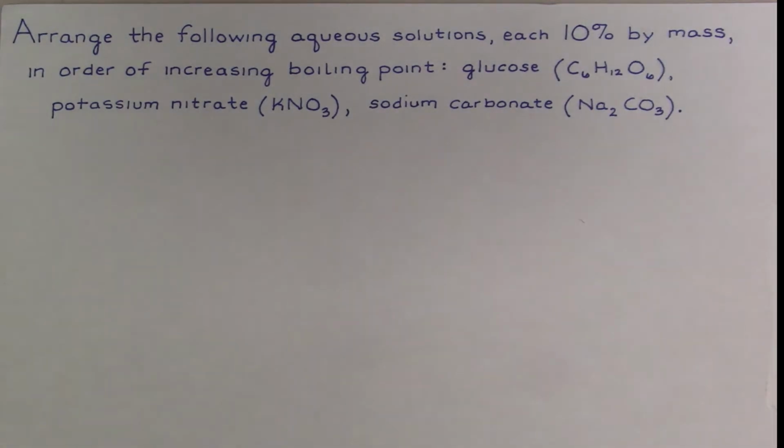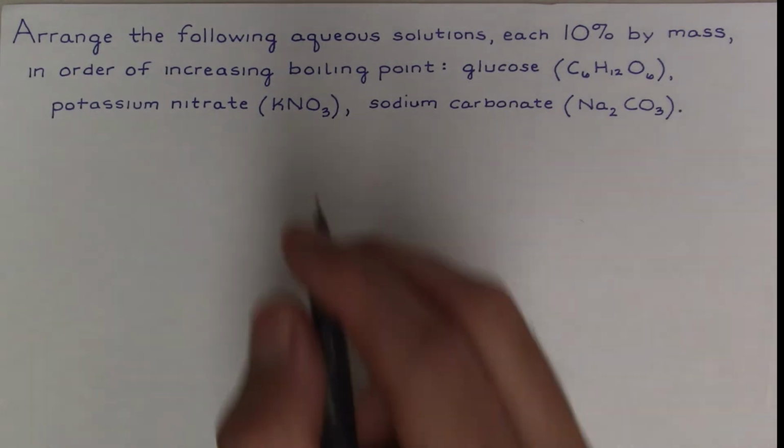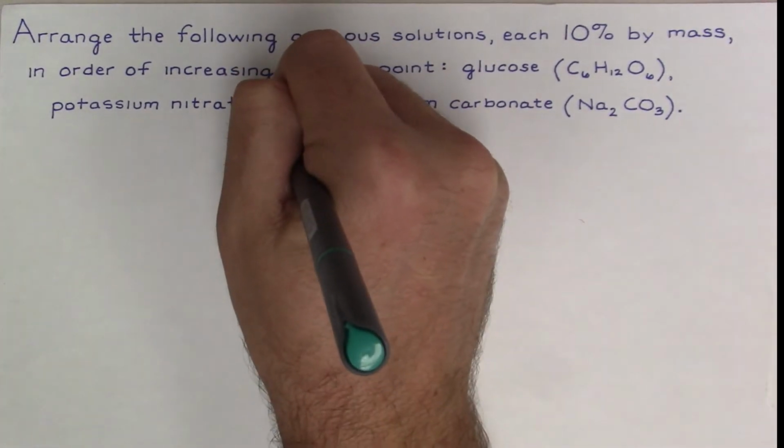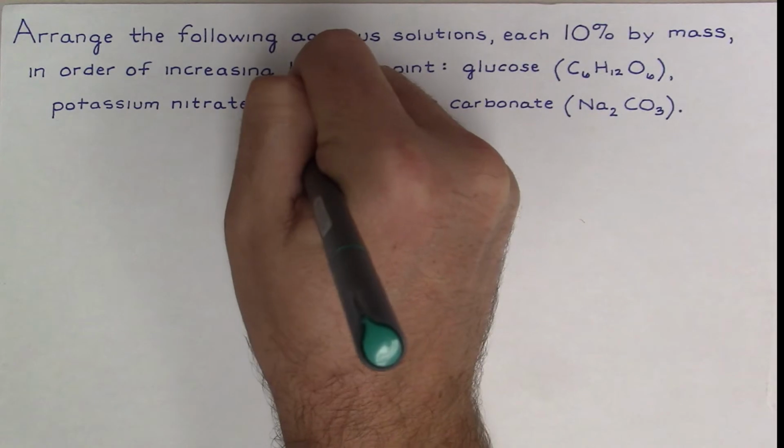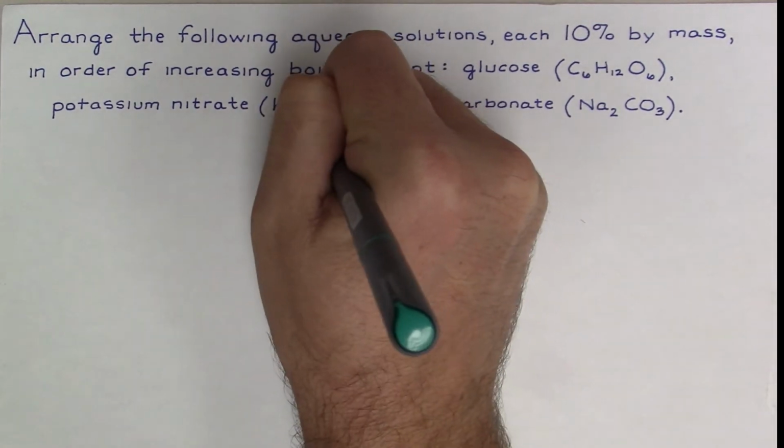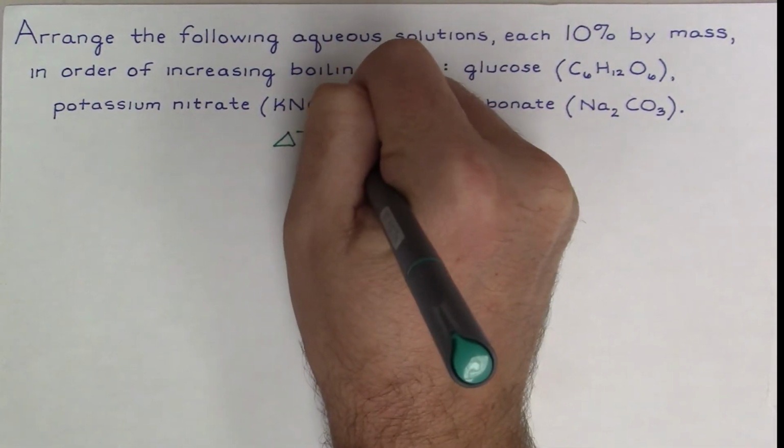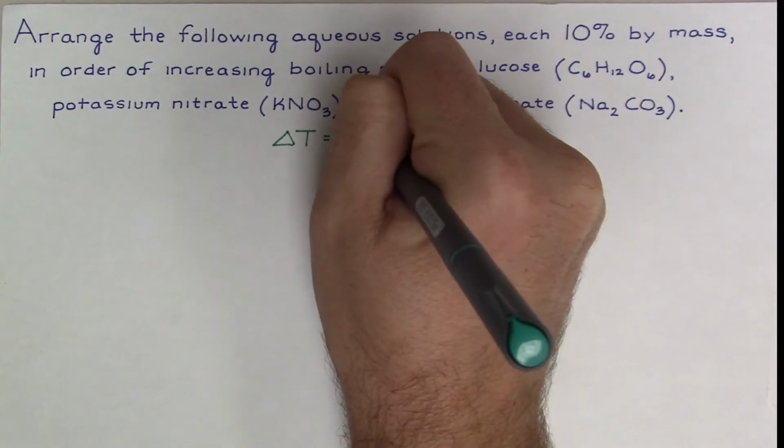For our second problem, arrange the following aqueous solutions, each 10% by mass, in order of increasing boiling point. We have glucose, potassium nitrate, and sodium carbonate. The first thing that we need to do is look at our boiling point equation. That is, our change in temperature is equal to Kb times our molality times i.